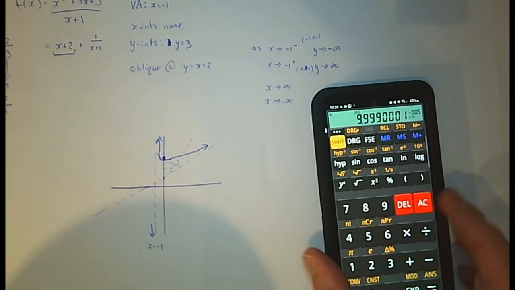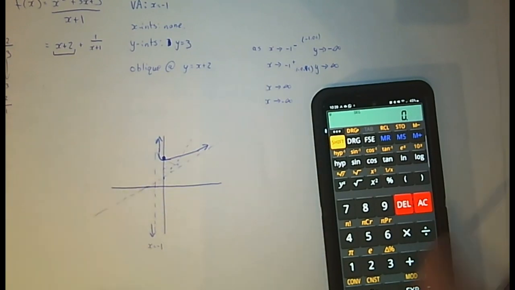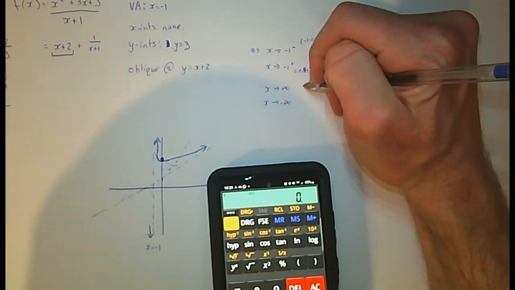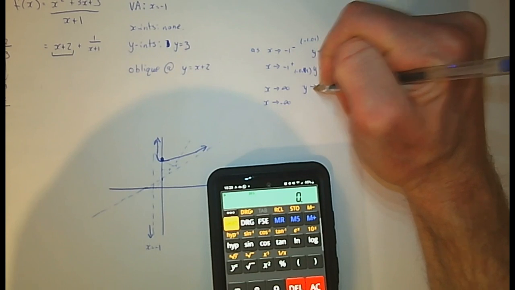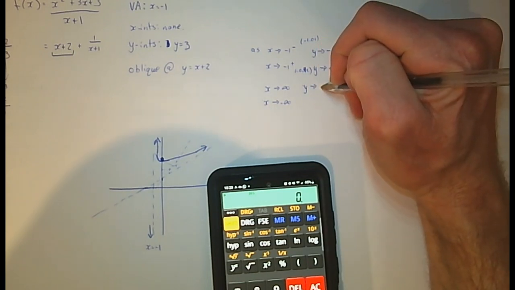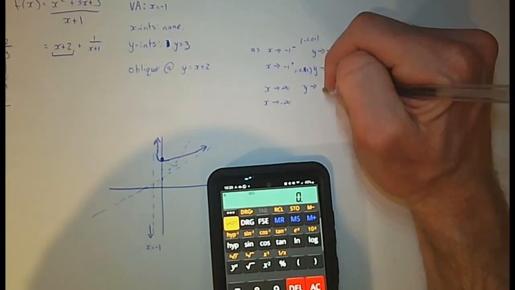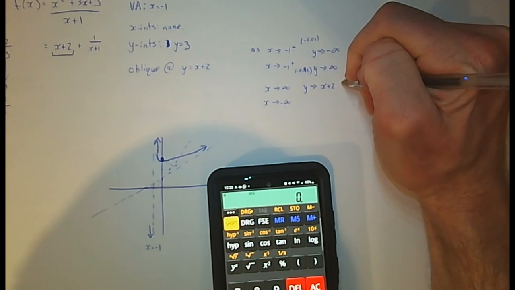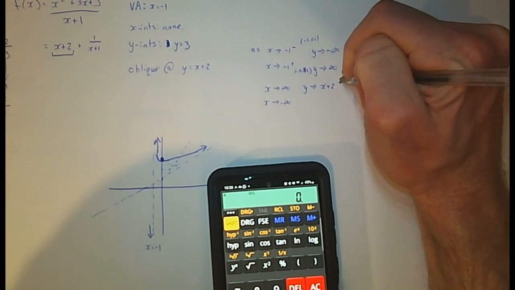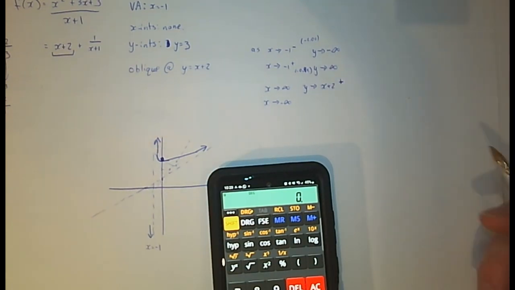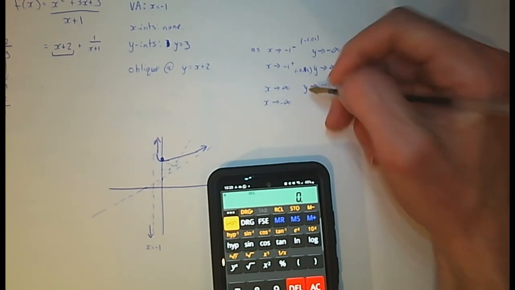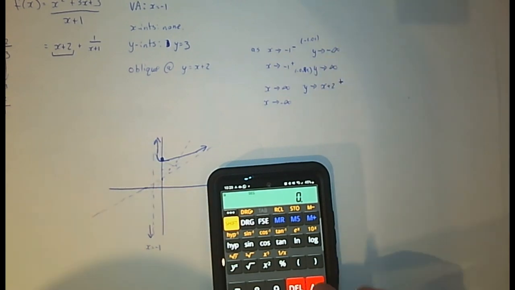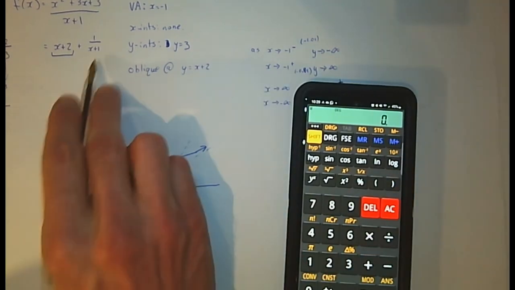And then let's do our final end behavior as x approaches negative infinity. So this was y approaches, how do we write this? x plus 2 from above. So we'd say plus, right? Because it even says on the sheet, use plus or minus to indicate from above or below or from left and right. So this is from above. And for this other one, I'll plug in negative 10,000 into this little extension portion.